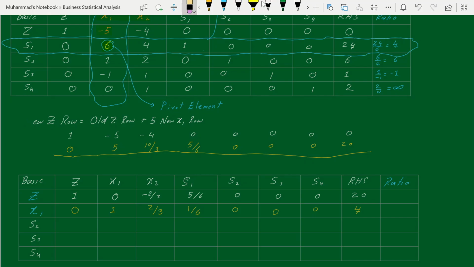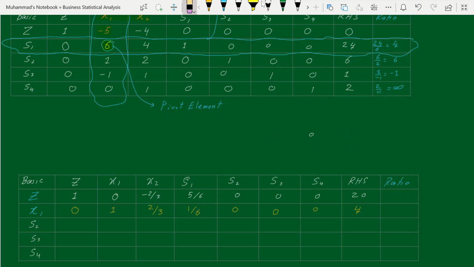In order to make the element in the pivot column associated with the S2, which is 1, equal to 0, first of all, I will write down the old S2 row, which is 1, 2, 0, 1, 0, 0, and 6. Okay, so now here we can perform the operation.